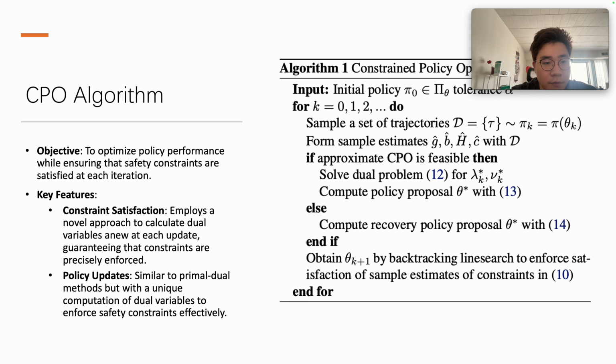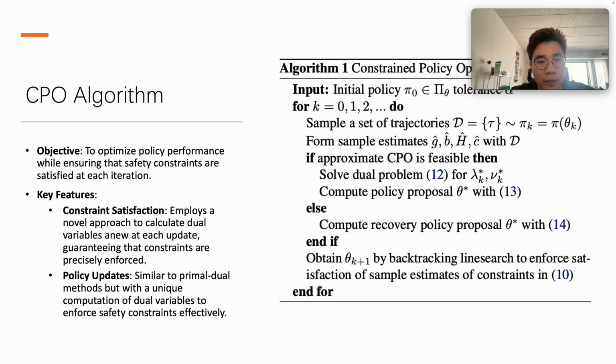The first is making sure the constraint is satisfied, which employs a novel approach to calculate dual variables anew at each update, and also how the policy is updated. It is similar to primal-dual methods that we showed earlier, but with a unique computation of dual variables to enforce safety constraints effectively in the CPO algorithm. On the right-hand side of the slides, I have attached the algorithm shown in the paper, and let me break it down one by one.